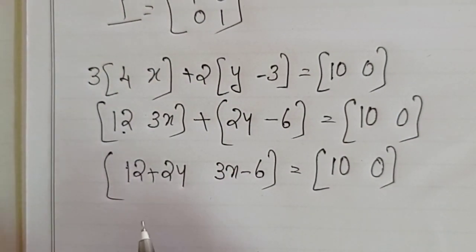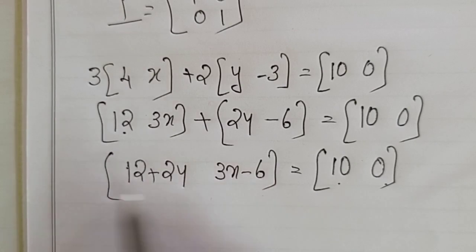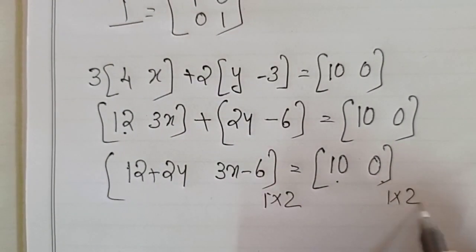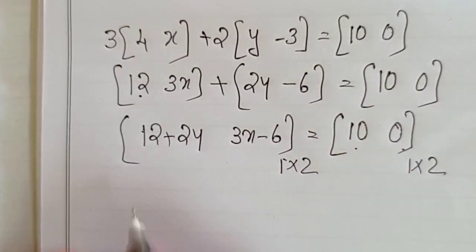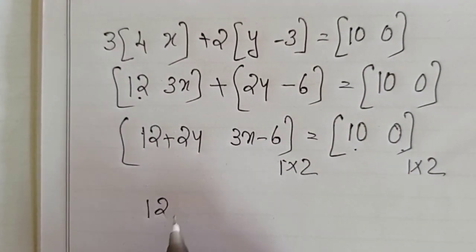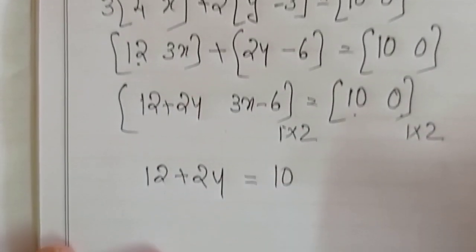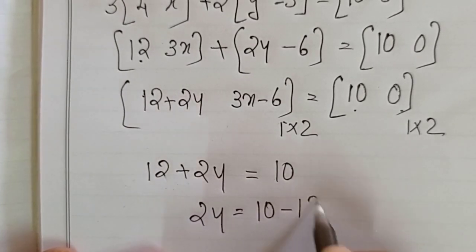Therefore, two matrices are said to be equal if they are of the same order. Here the order of the first matrix is 1 by 2, here also that is 1 by 2, and two matrices are said to be equal means corresponding elements are equal. That means 12 plus 2y equal to 10 means 2y equal to 10 minus 12.